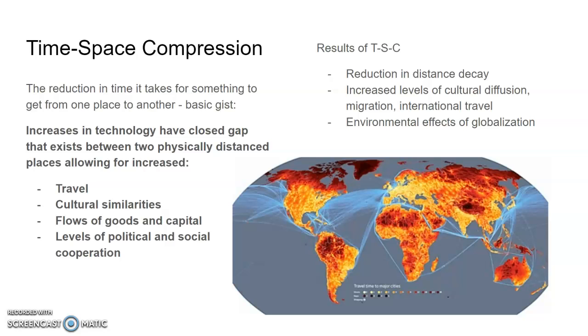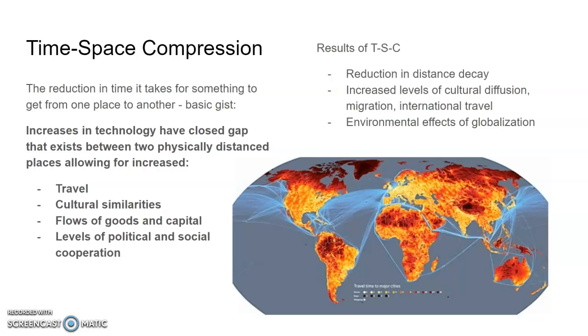So as a result of time-space compression, we do have a reduction of what we call distance decay, and increased levels of things like migration and international travel and cultural diffusion. As we talk about this throughout the year, we're going to be talking about all of the different political, cultural, social, and economic effects of this.